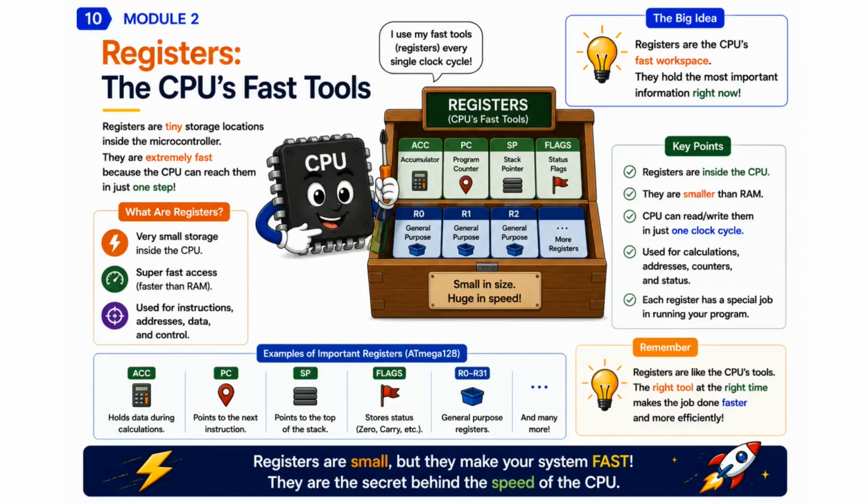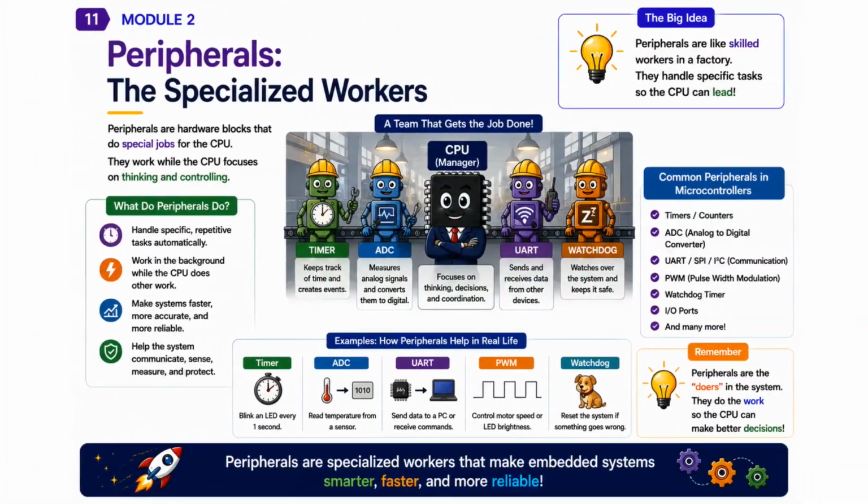This is one of the secrets behind the incredible speed of modern processors. Registers may be tiny, but they are absolutely essential. They are the CPU's fast tools, helping it execute millions of instructions every second and keeping the entire system running smoothly.